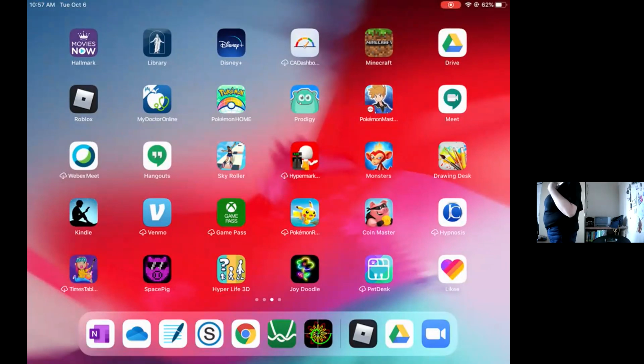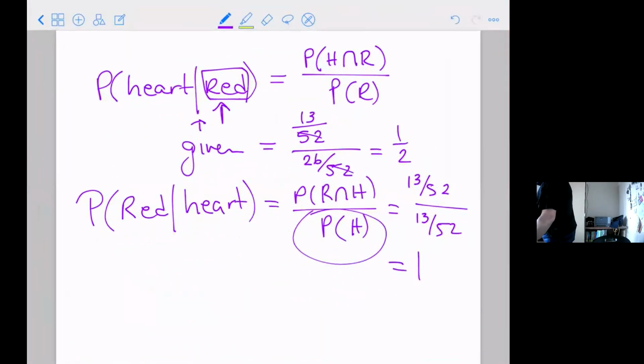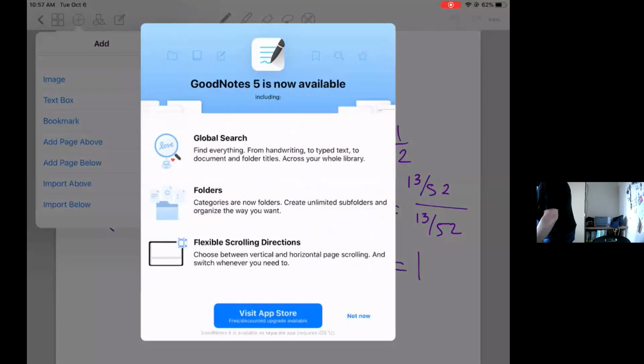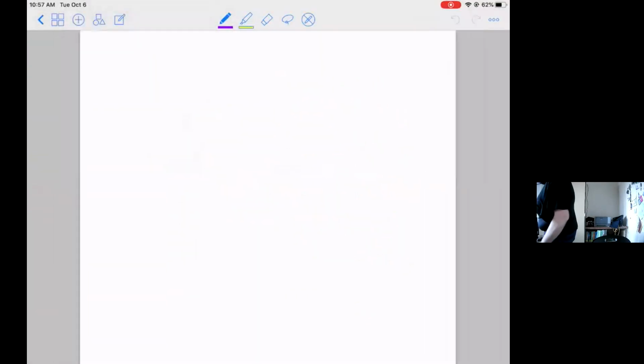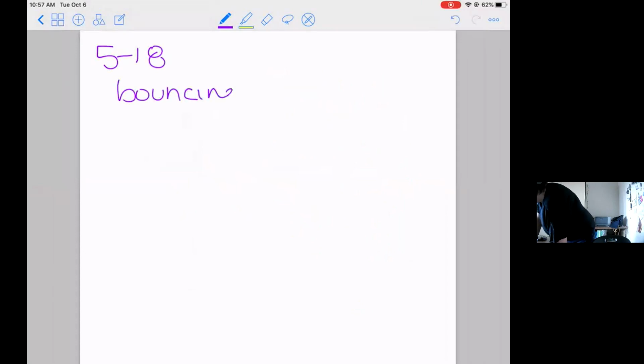You guys are going to tell me. How would we figure out how bouncy a ball is? Just take a guess. It's not going to hurt to take a guess.